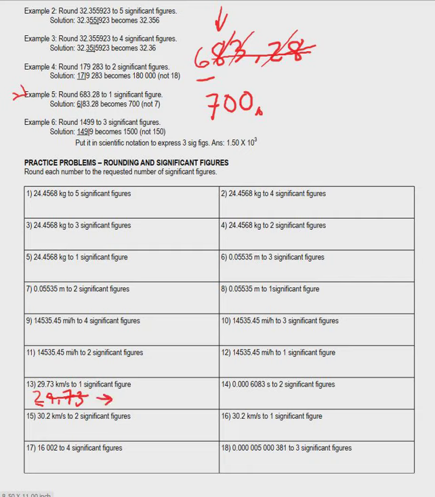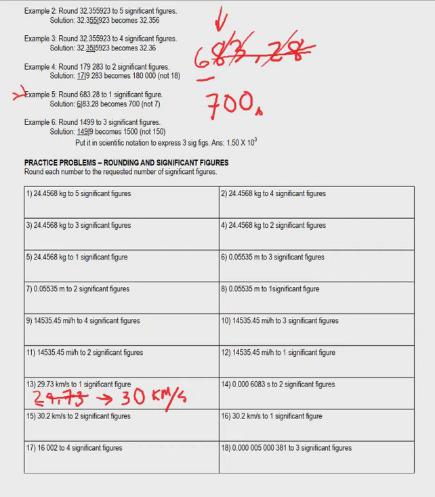The 9 is larger than 5, so we're going to round the 2 up to 3. But 3 is not close to 29. So we have to remember that we have the 0 as a placeholder, and you can't put a decimal point. If you do, then you're saying that both the 3 and the 0 are significant, and they're not. So we only want one significant figure. So 30 with no decimal point kilometers per second is your answer.